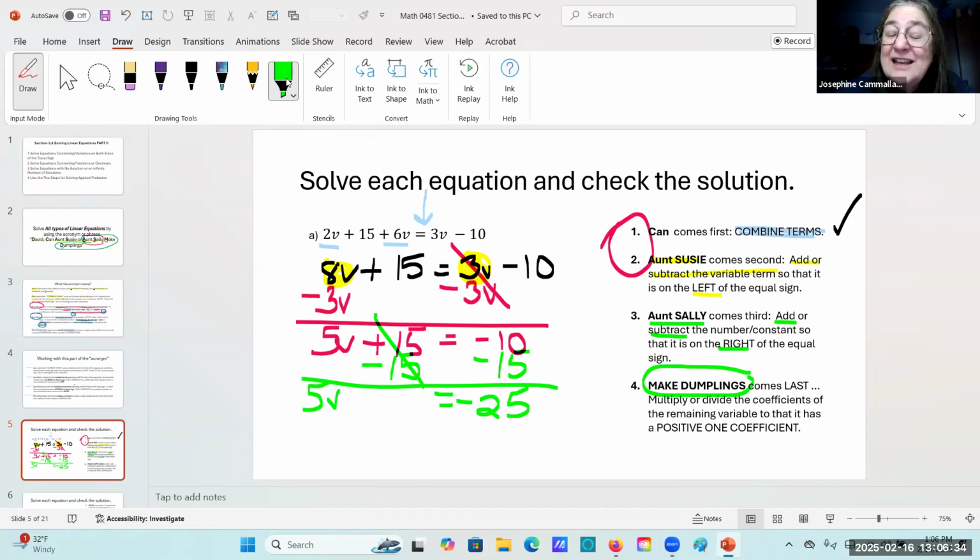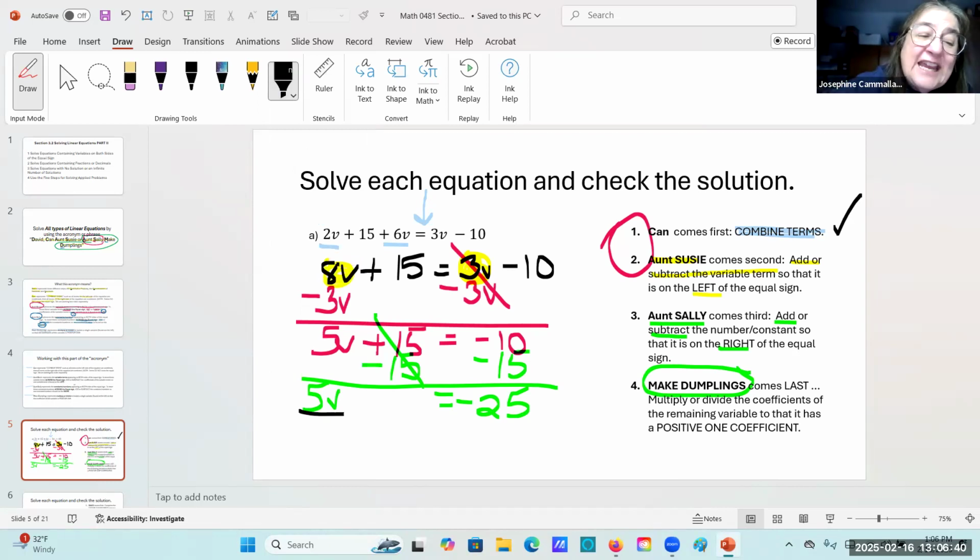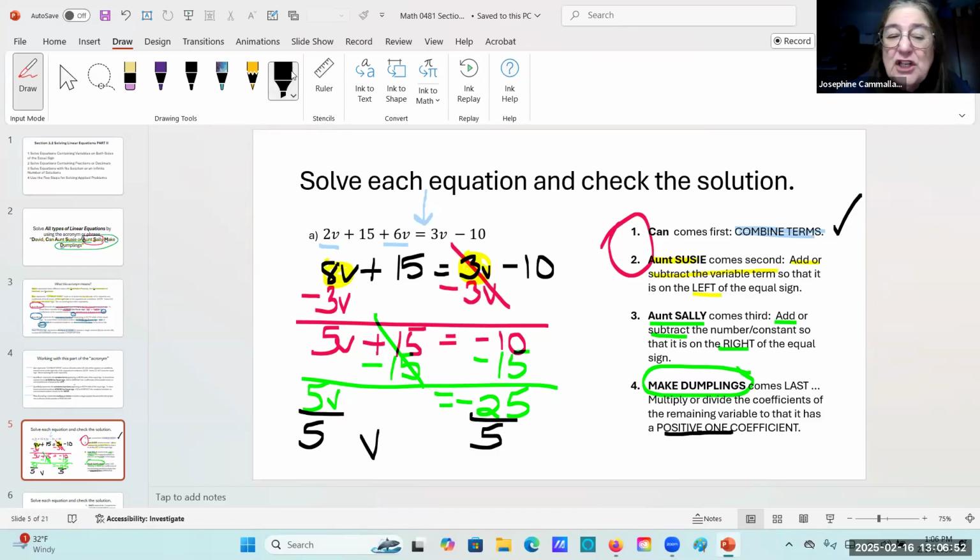And then I make dumplings, which means I multiply or divide. I am dividing by 5 because this v has got to have a positive 1 coefficient, and this will give me negative 5.